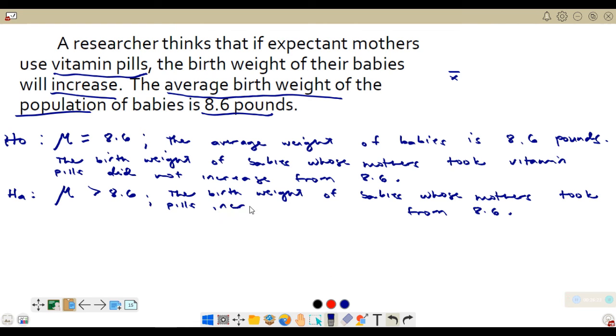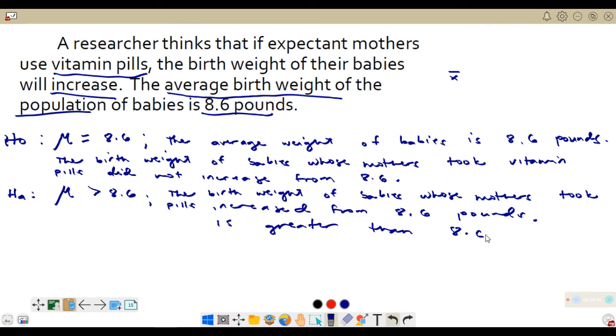So, increased from 8.6 pounds. You also have another option. Pwede mo ring sabihin na is greater than 8.6 pounds. Okay? Just analyze your word problem and then i-construct nyo kung ano yung scenario in sentences in the form of hypothesis. And you're good to go.